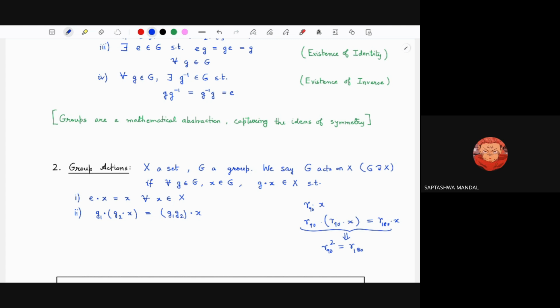We did not explicitly do it, but in the back of my mind this is what was going on. Similarly, if you apply a rotation by 90 degrees 3 times, this cube just means a product, 3 times equals 270, right?